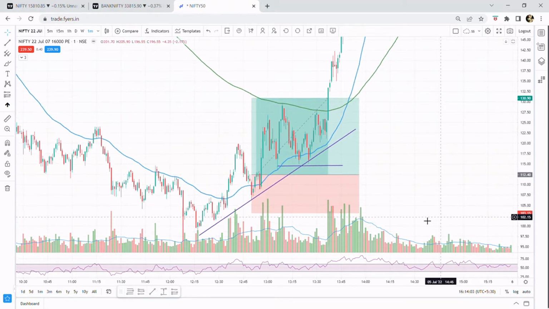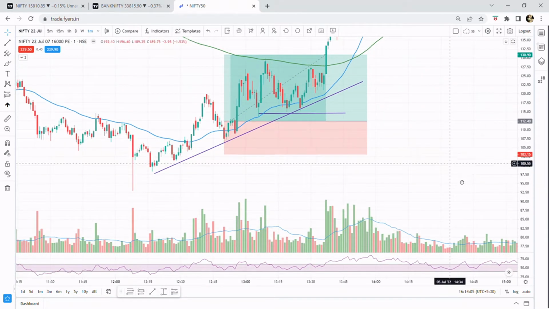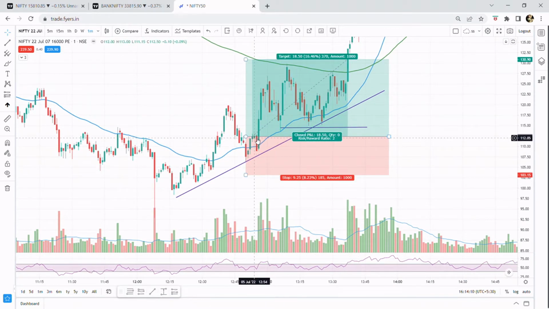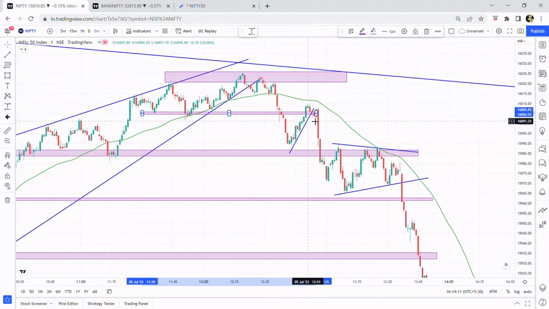So this was my option trade. I bought here at 1253. This was the same 1253 area here. So after this move, this was my target.